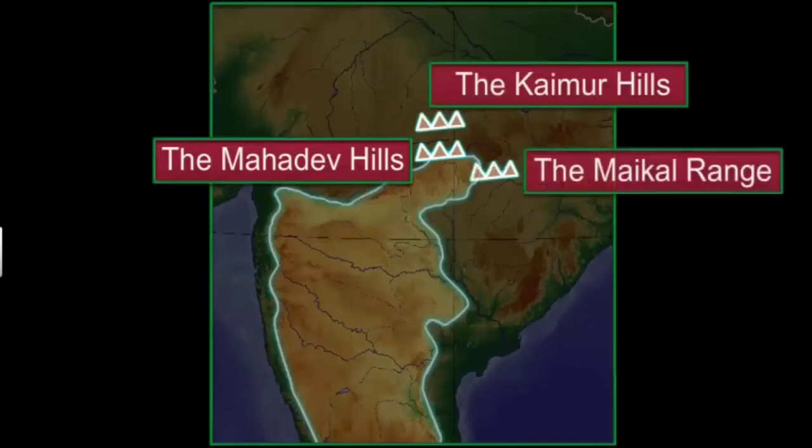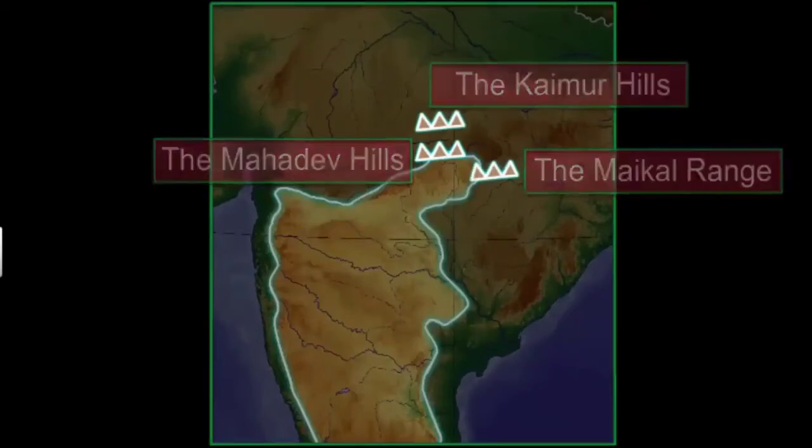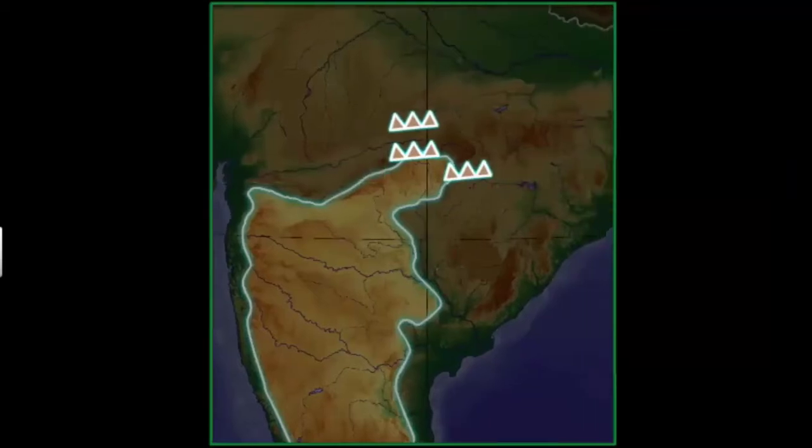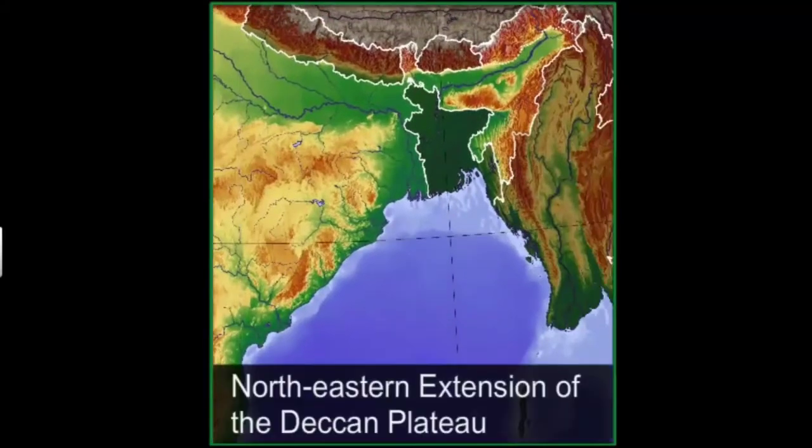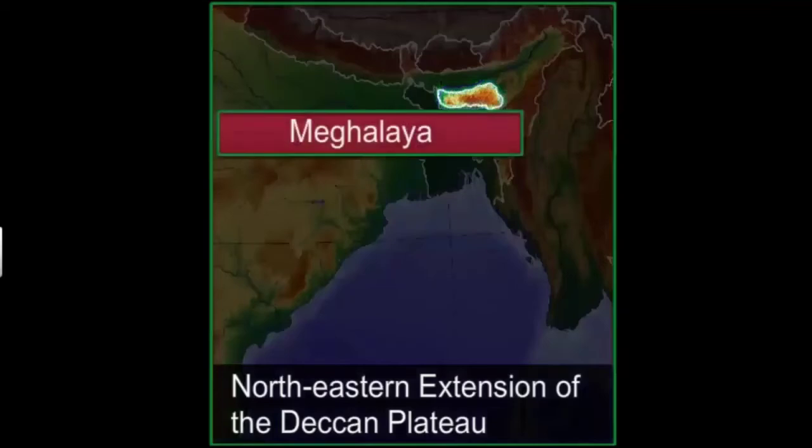The Deccan Plateau is higher in the west and slopes gently eastwards. In the northeast is an extension of the plateau, called the Meghalaya and Karbi Anglong Plateau.